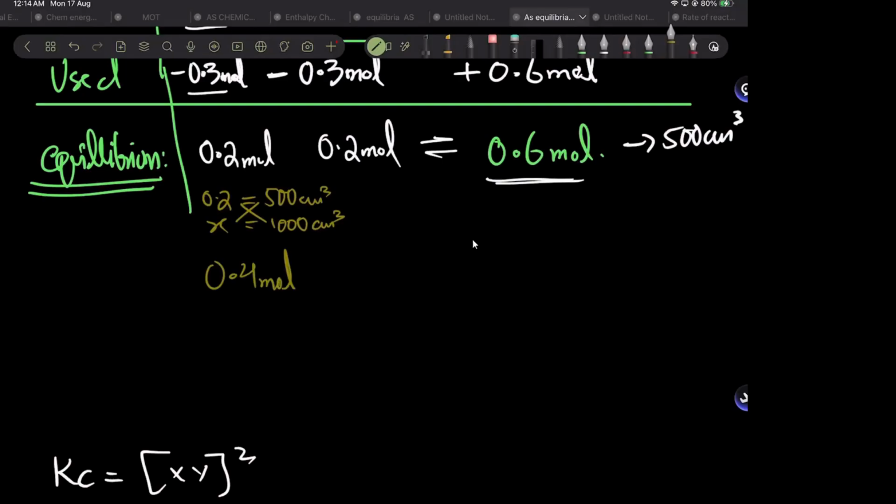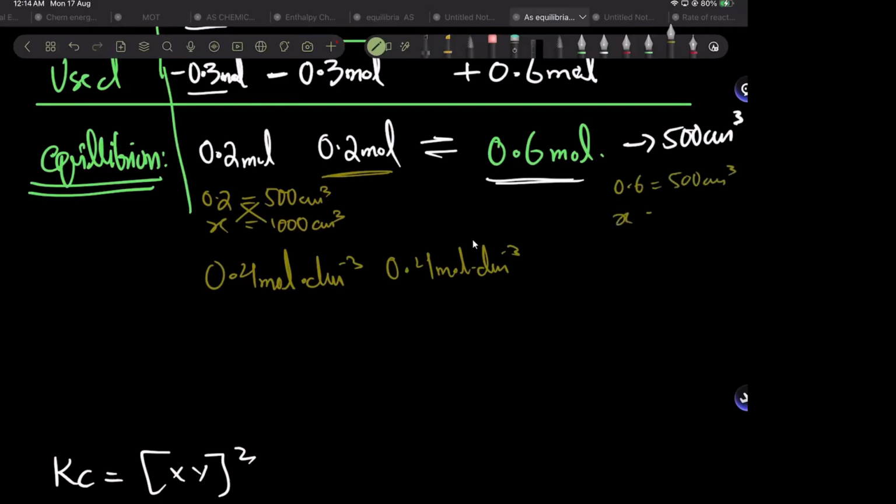That means 1 dm cube. So can I write them as the moles present in 1 dm cube, or per dm cube? Yes. So now I have the moles in 1 dm cube. And the same goes for the other one. That will also be 0.4 mole per dm cube. But the third one, the product side, you'll have to do it again. So 0.6 is present in 500 cm cube.